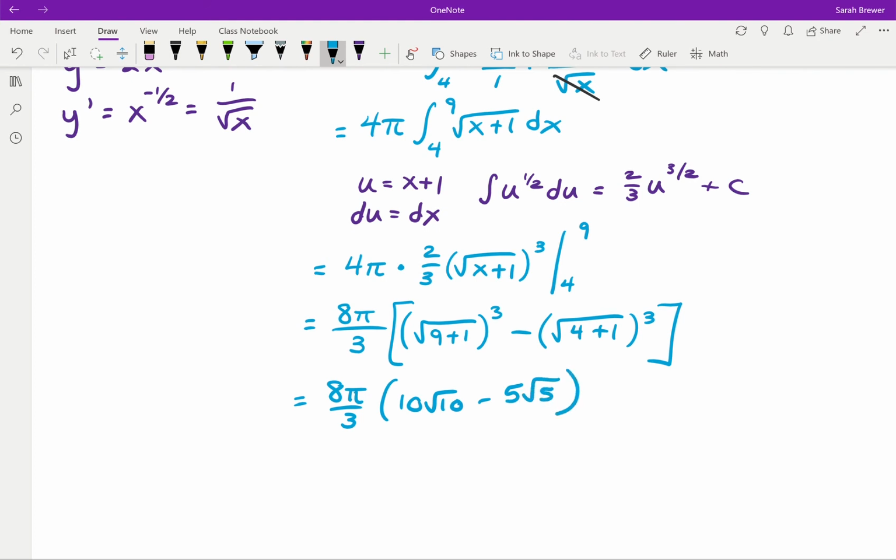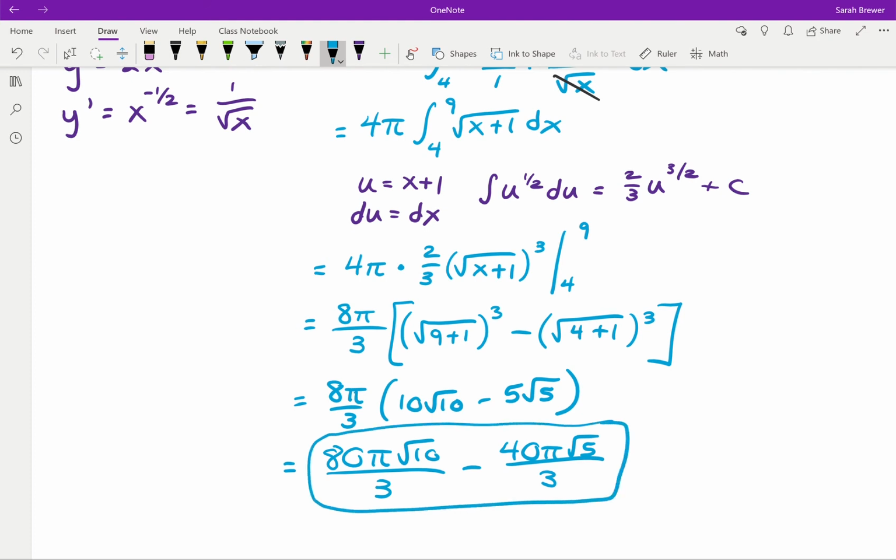I mean, I could kind of leave it like this if I wanted to, but I'm going to write this maybe as 80 pi root 10 over 3 minus 40 pi root 5 over 3. Yeah, we'll leave it like that. So that's surface area.